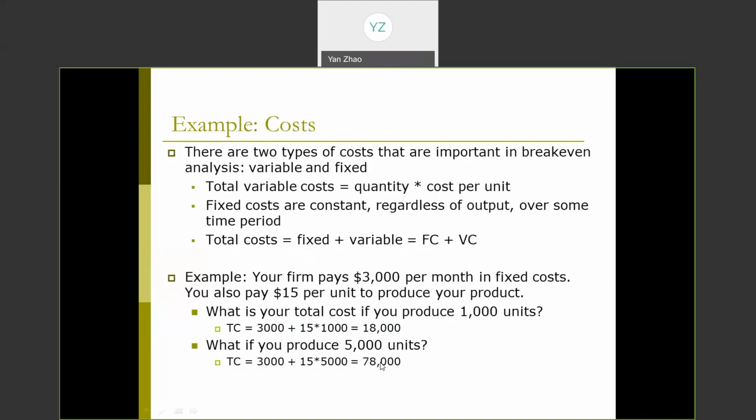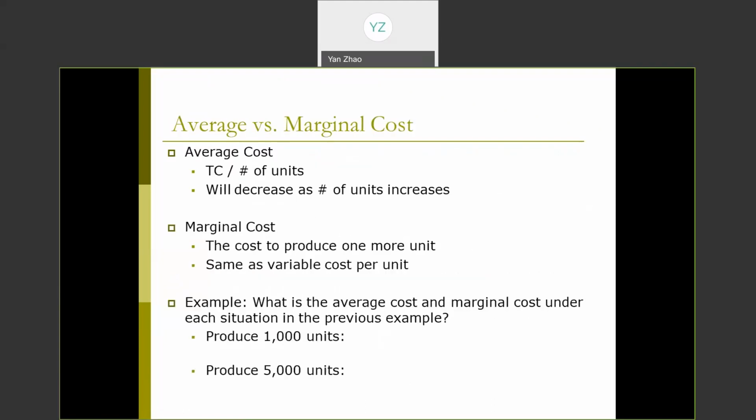It's going to be total cost $78,000 divided by the total units, 5,000 units. Okay? So the average cost will be 78 divided by 5, which is $15.6. The marginal cost is the cost to produce one more unit. So what is the marginal cost under the previous example? Okay, so the average cost will be 18 versus 15.6. The marginal cost will just be $15.